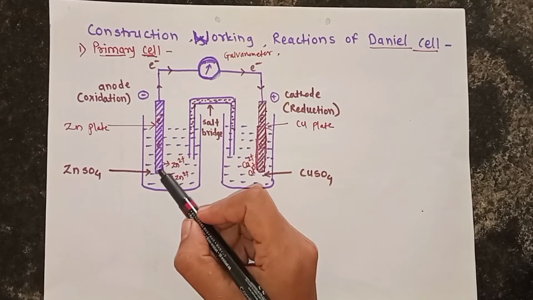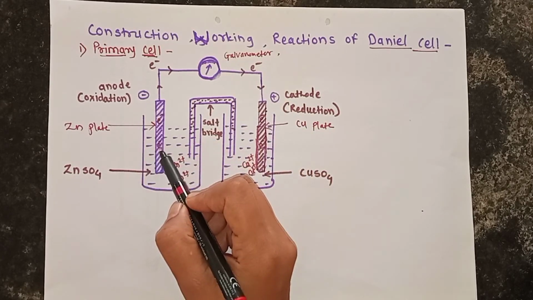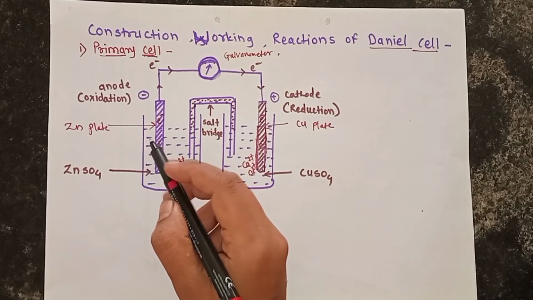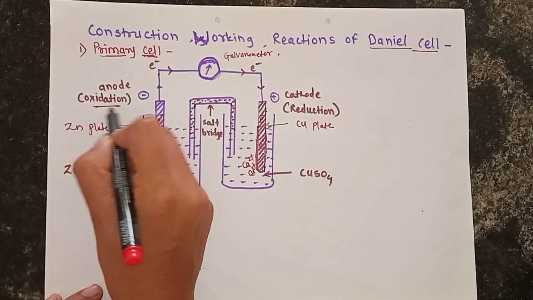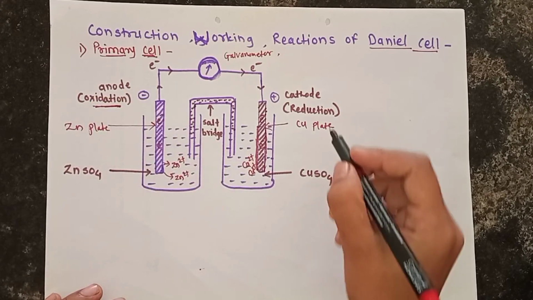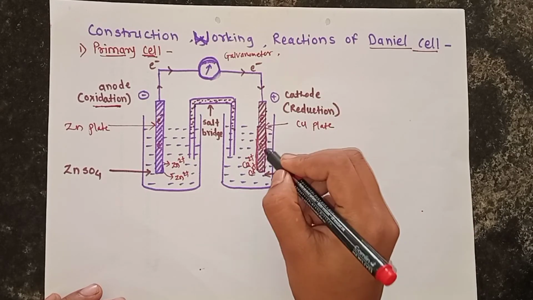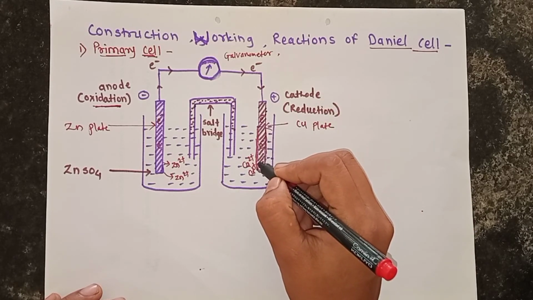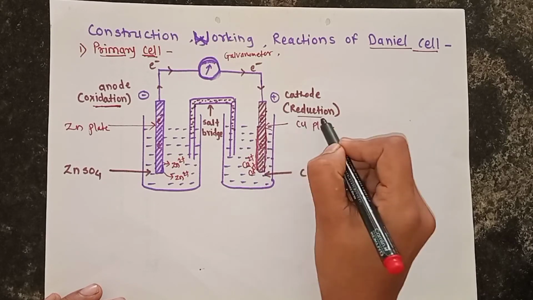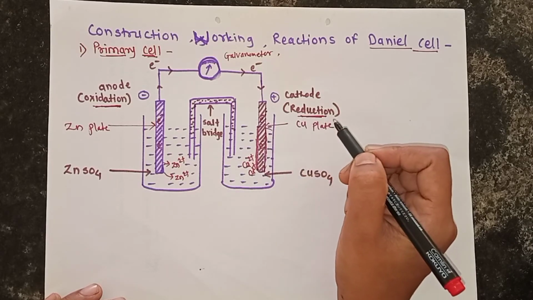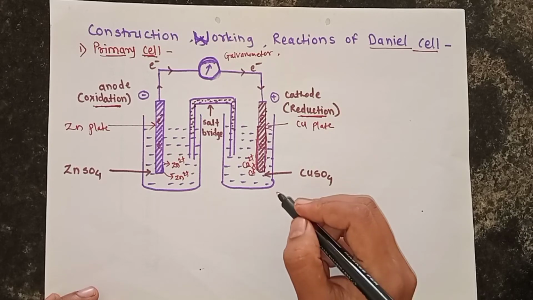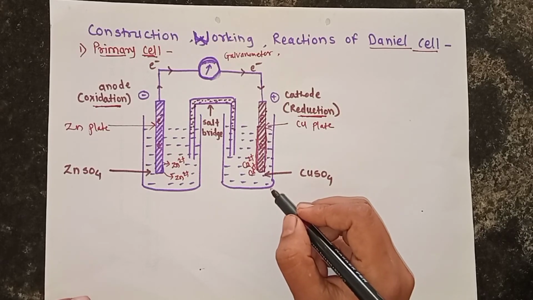At the anode, loss of electrons is carried out, so oxidation takes place at the anode. At the cathode, electrons are gained by the Cu2+ ions, so reduction takes place at the cathode. So this is the working of the Daniell cell.